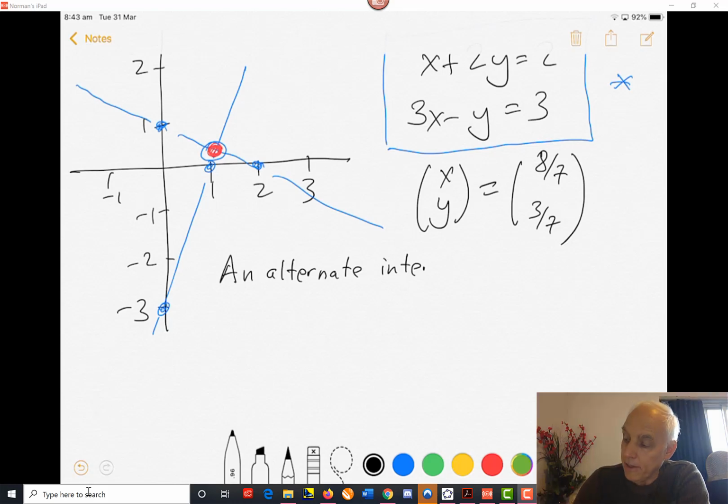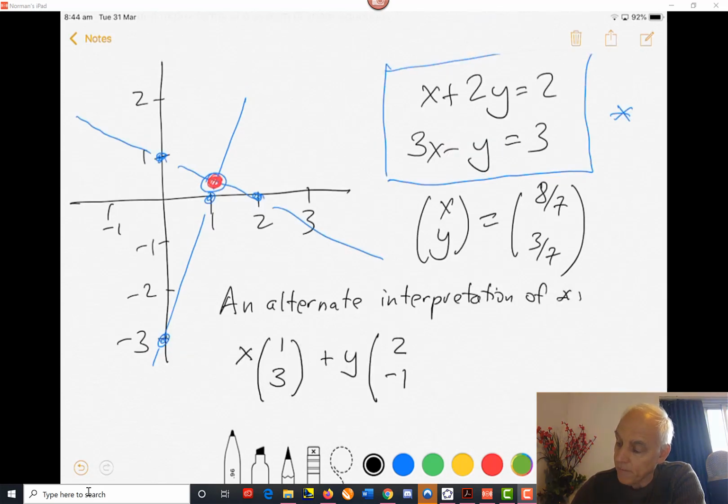So we're going to look at the system as actually being another way of writing the following: x times the vector (1, 3) plus y times the vector (2, -1) equals the vector (2, 3). So can you see what we've done? We've replaced the system of two equations with a single equation, but now an equation involving vectors.